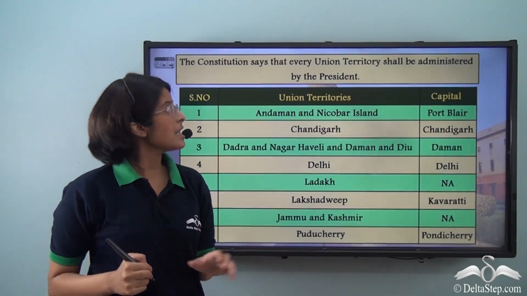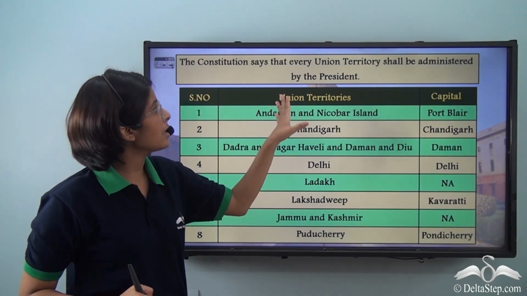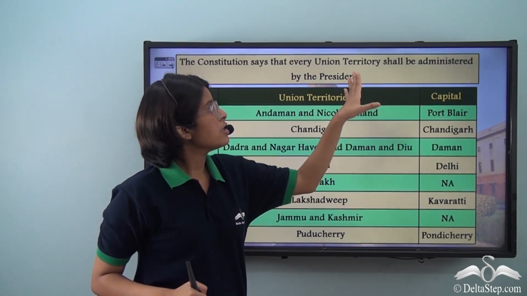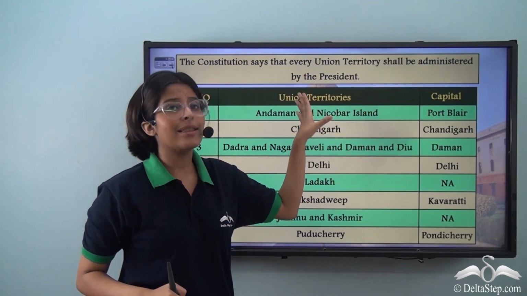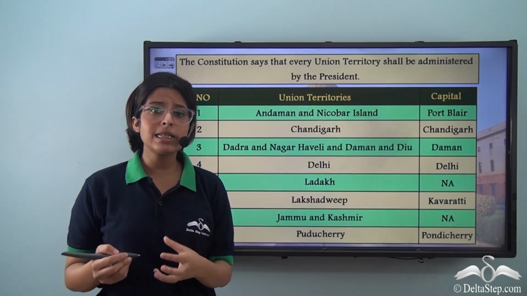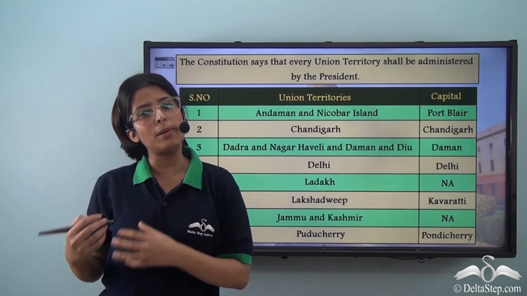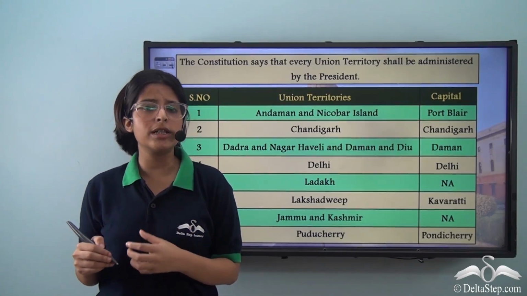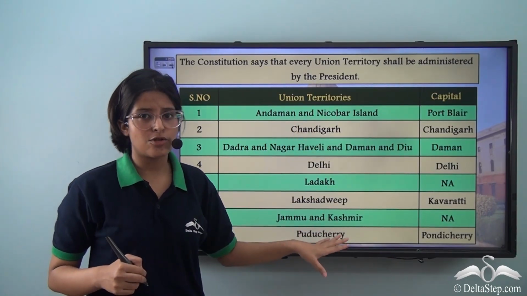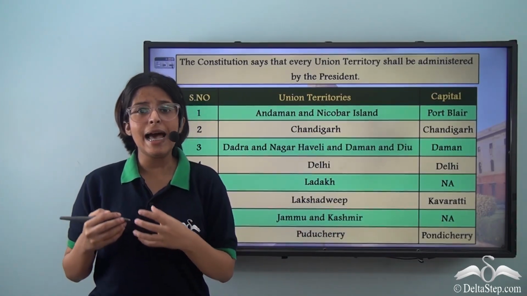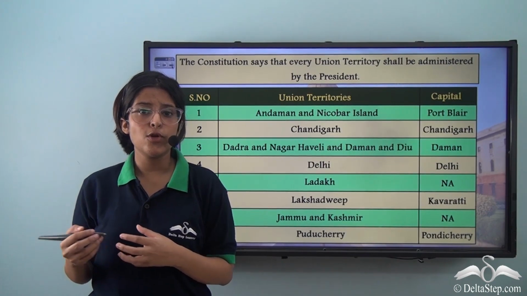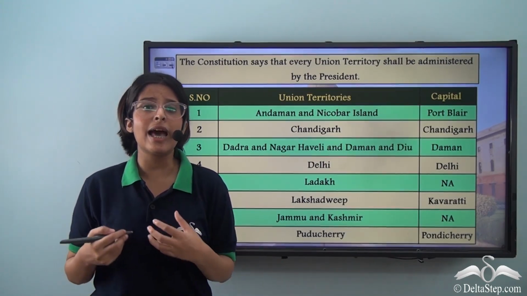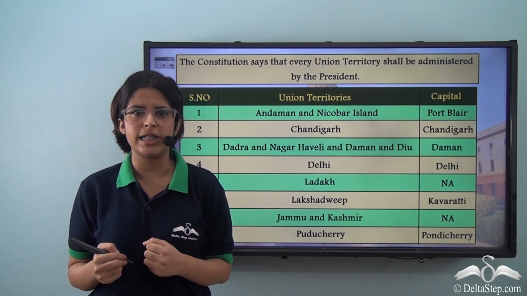Other than this, the Constitution says that every union territory shall be administered by the President. So the President can make regulations for the peace, progress and good governance of these union territories. The President acts through an administrator who helps the President in carrying out his duties more efficiently.